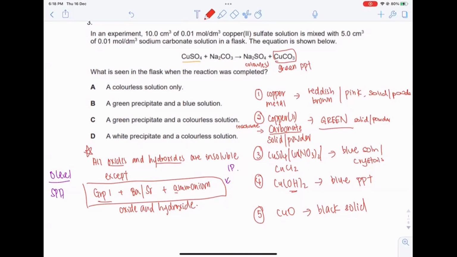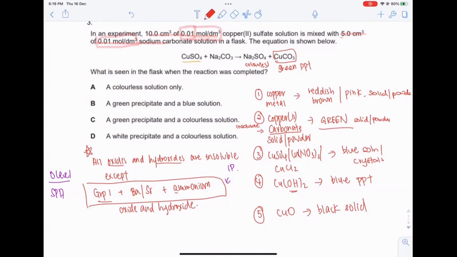Don't just look at the product. There must be a reason why they gave you all this. Most of the time, they don't put it there just to trick you. So if you look carefully, you notice that the concentration is the same. So when the concentration is the same, you don't need to do calculations.